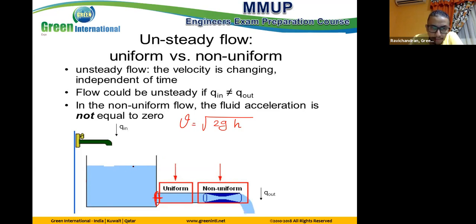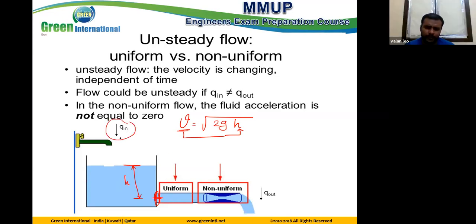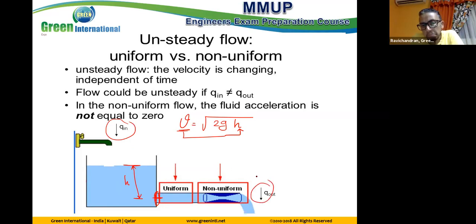So which h? h is the height of the tank. So the velocity is directly proportional to what? Yes, the h. And according to Q in and Q out, whether Q in equals Q out or is more than Q out, whatever, the h varies, correct? If the h varies, the velocity varies also.